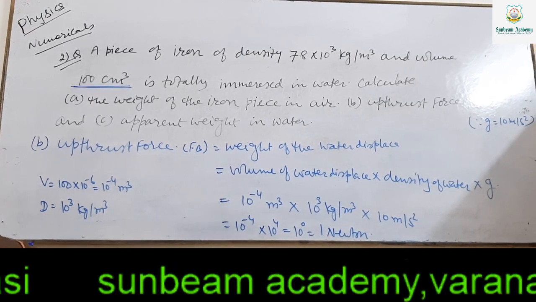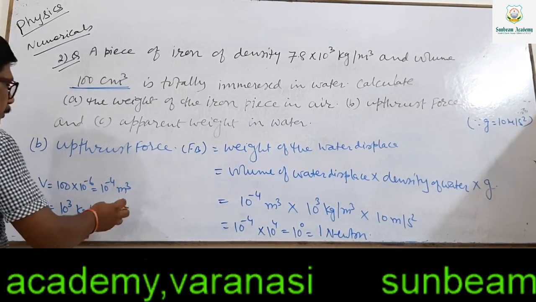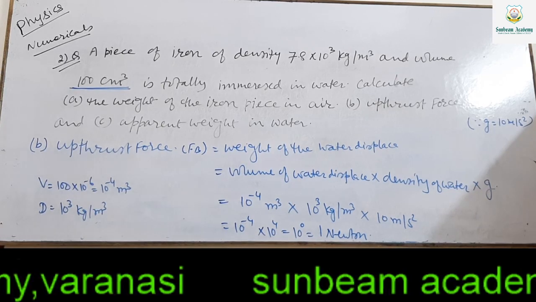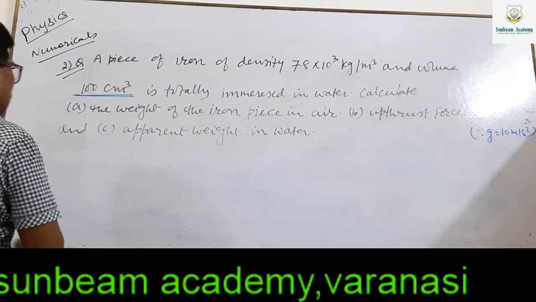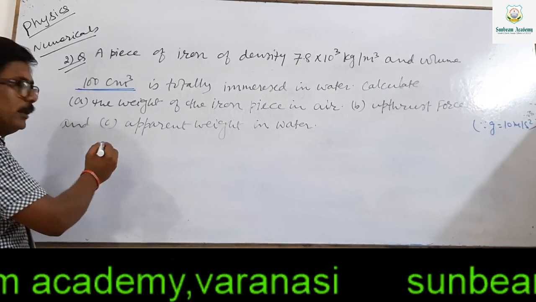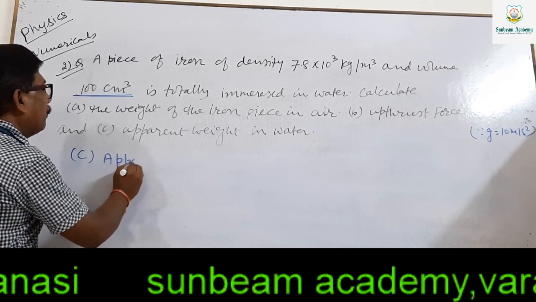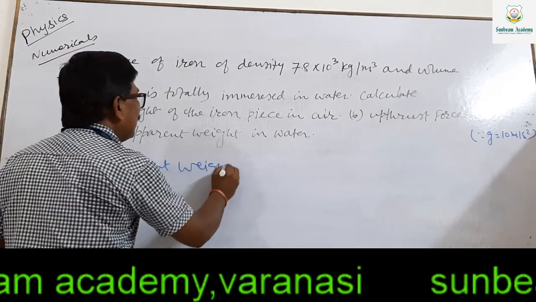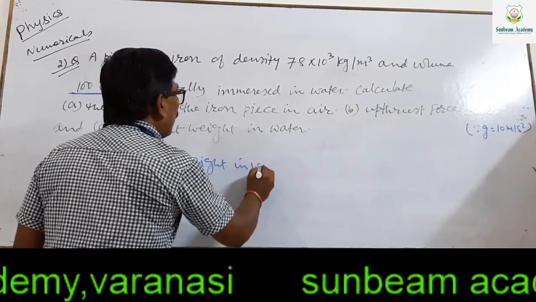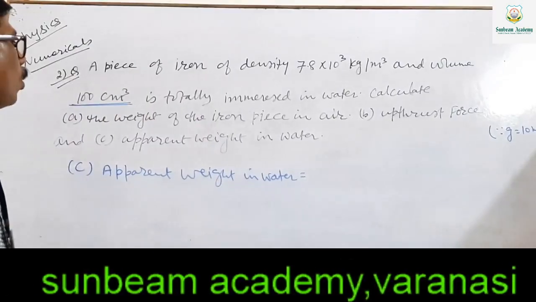Now what we have to calculate? The third part. Children, first write it down. Part C is the apparent weight in water, the apparent weight of the body in water.